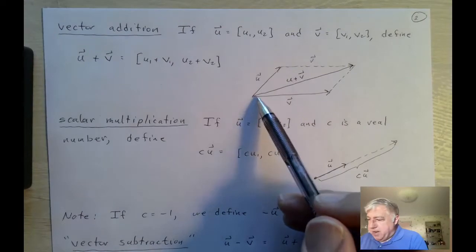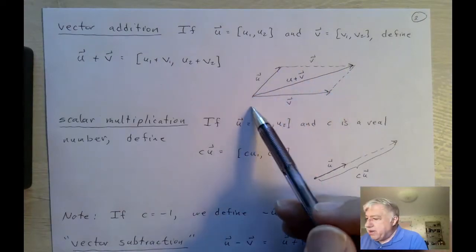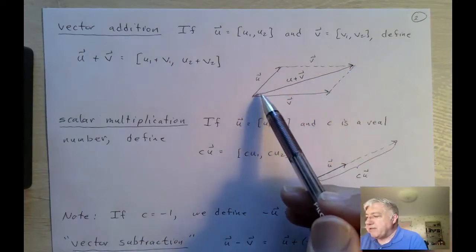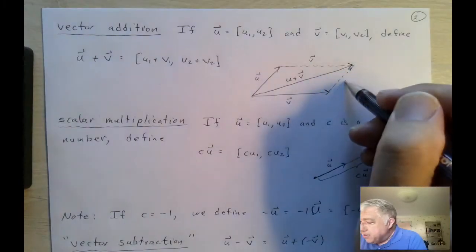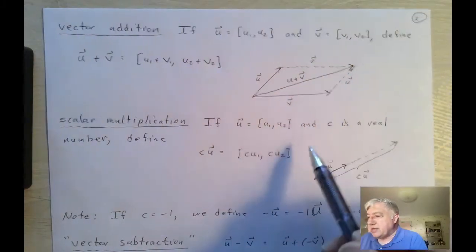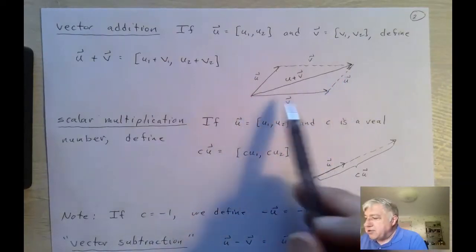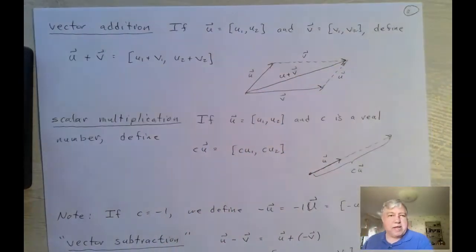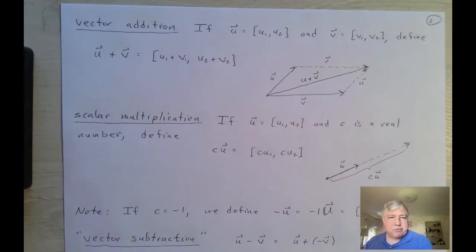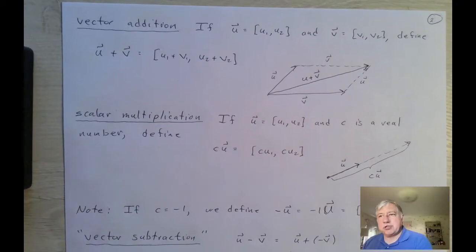If we apply u and then apply v, we get the same point as if we just applied u plus v. Similarly, this vector is u, just in a different place, so v plus u is the same as u plus v. So you can have that geometric interpretation for vector addition.